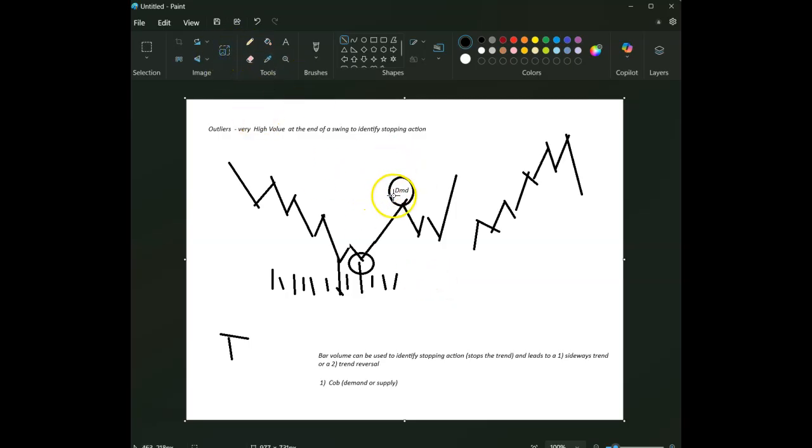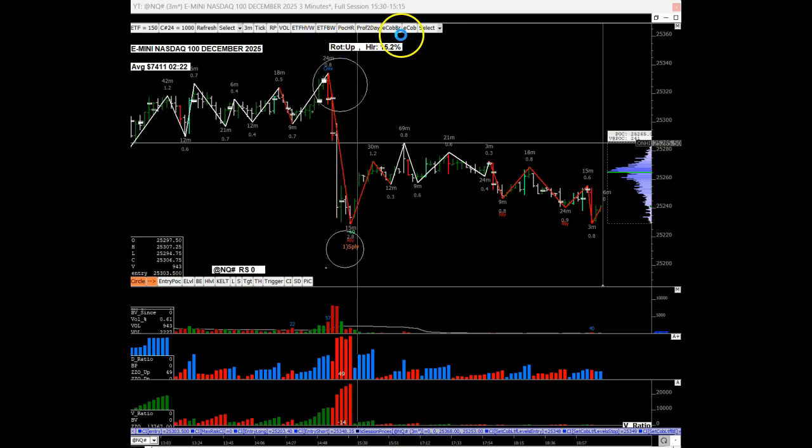If you're looking for changes of behavior or change of character, you will get this a lot. Climactic action here. And that will lead to a move. Right? So that's all.